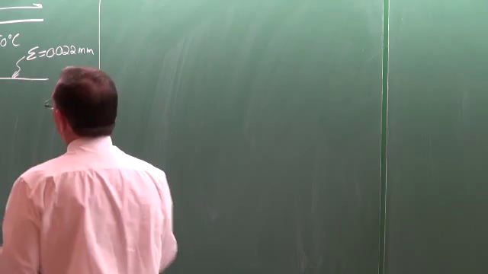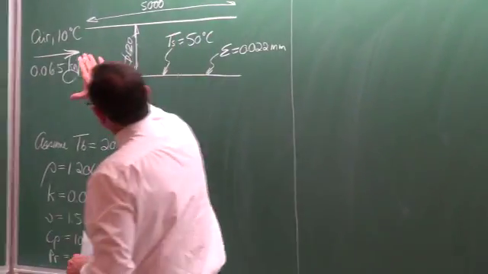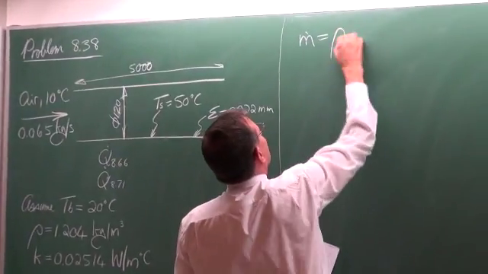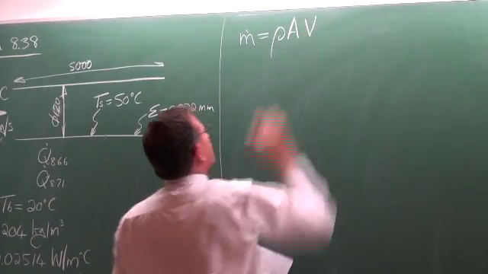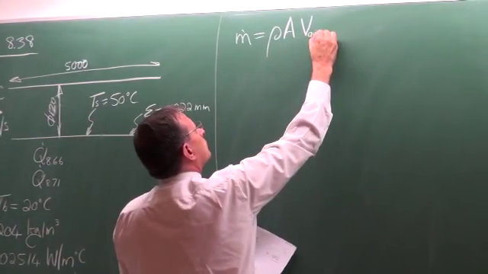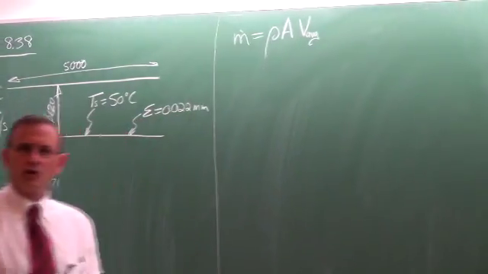Nothing? Okay. Let's start by calculating the average velocity, because the mass flow rate is given. So the mass flow rate is equal to rho multiplied by the cross-sectional area multiplied by the velocity, or let's call it the average velocity.